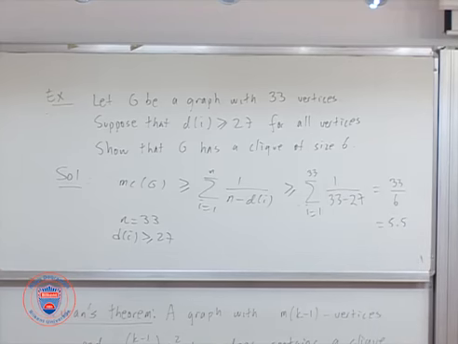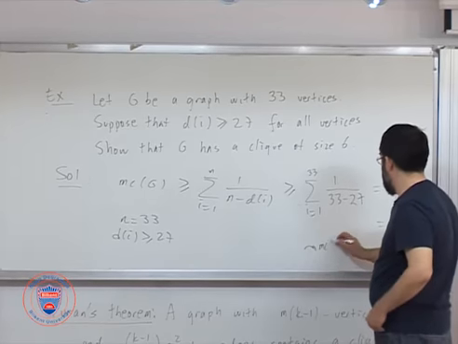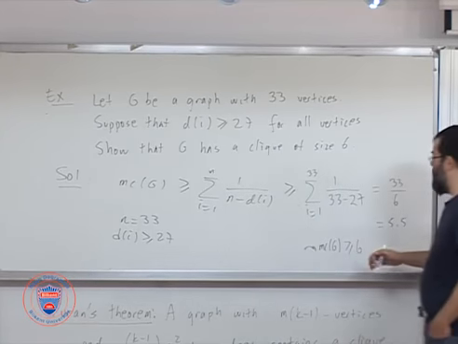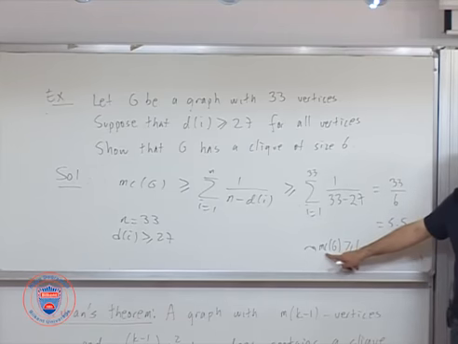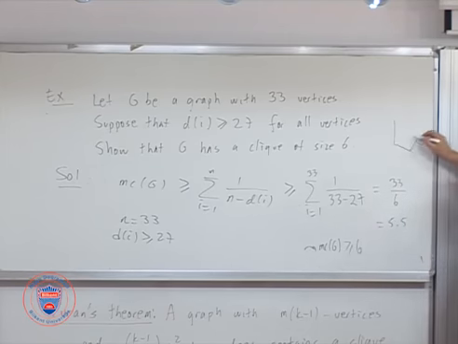Already, 5.5 means that any integer bigger than that should be bigger or equal to 6. MC is always an integer, so if it's 5.5, it's bigger or equal to integer 6. But if your clique size is bigger than 6, think about it: if the clique size is, say, 8, that means you have a subgraph which is K8.